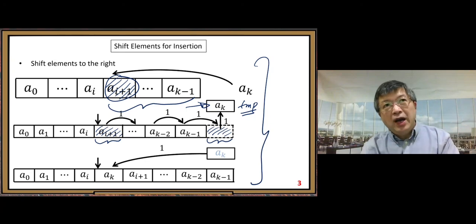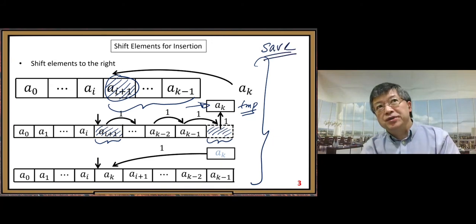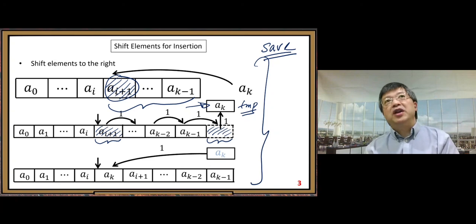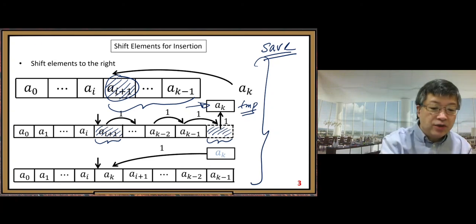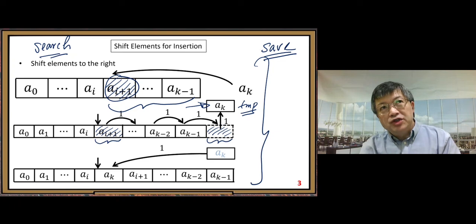The reason I ask whether we can save some operations is because in the search step, we can save some operations. Look at the search step. How do we search for the right position? How do we do the search operation?